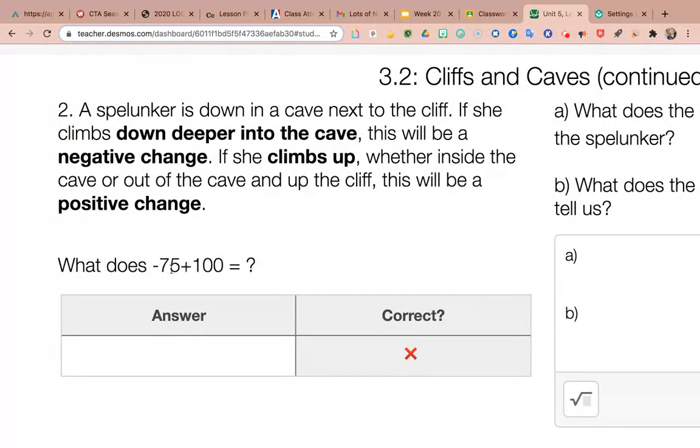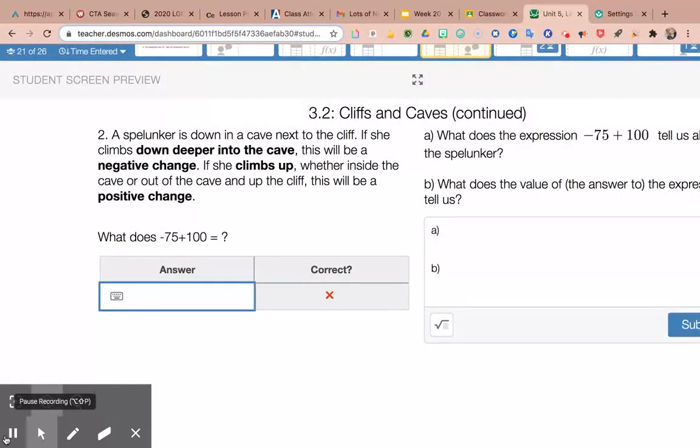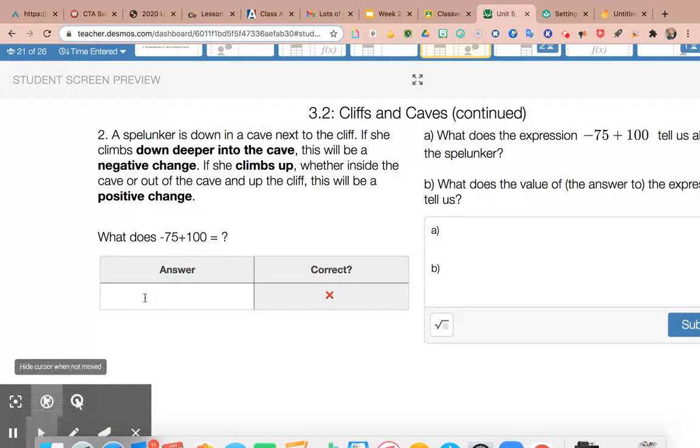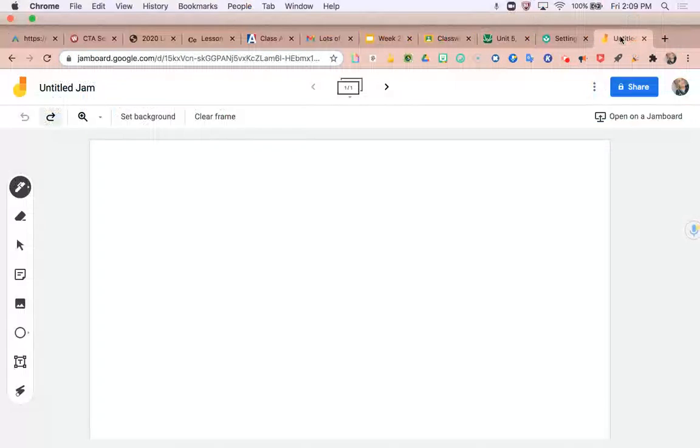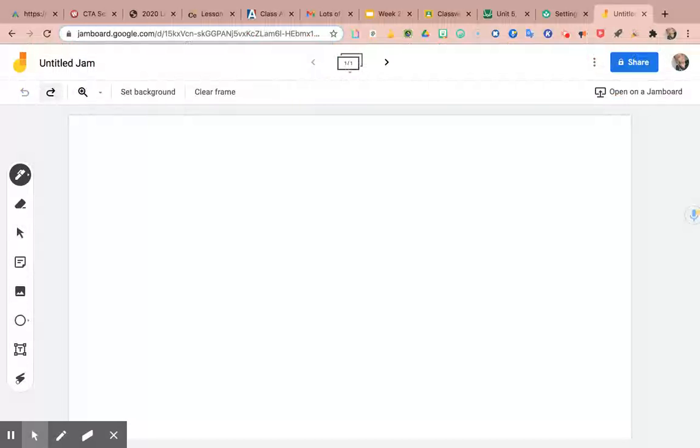What does negative 75 plus positive 100 equal? So notice that these are different signs. So I'm going to show you with the number line. Okay, if we have a number line, let's just put 0 here because you guys are used to it.